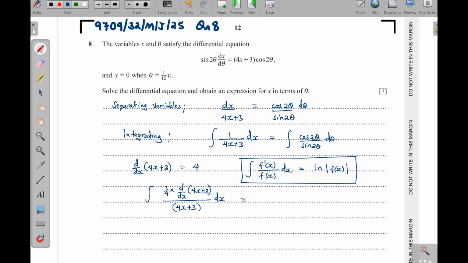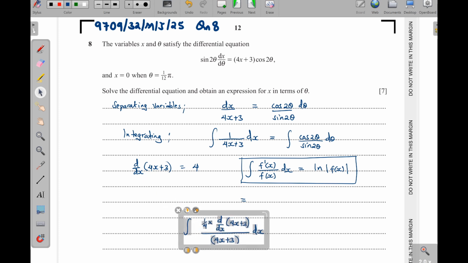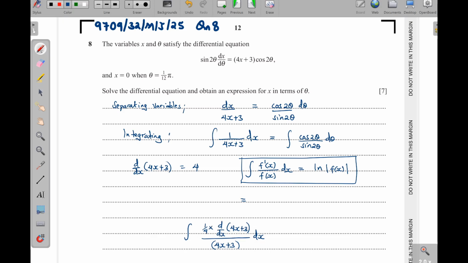And also, from here, do you also see that when you differentiate with respect to theta, sine of 2 theta, you get cosine, okay?